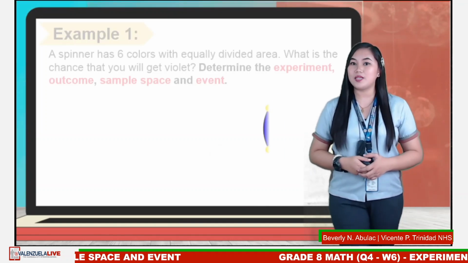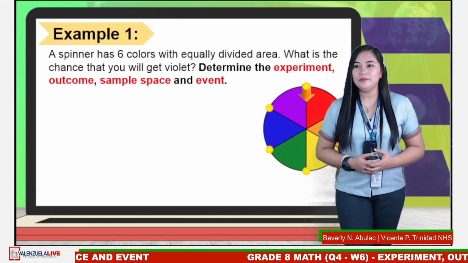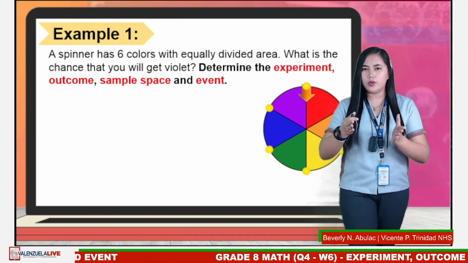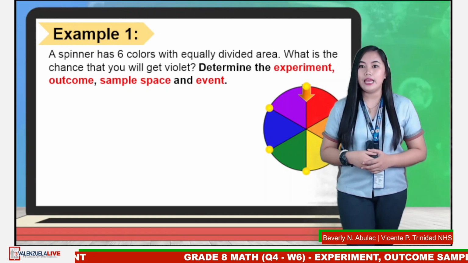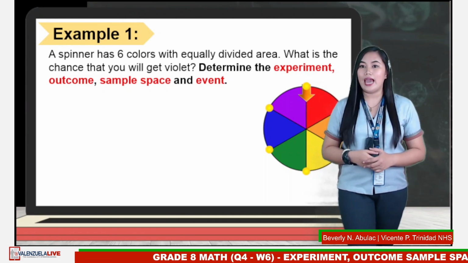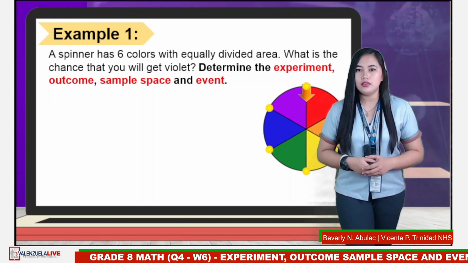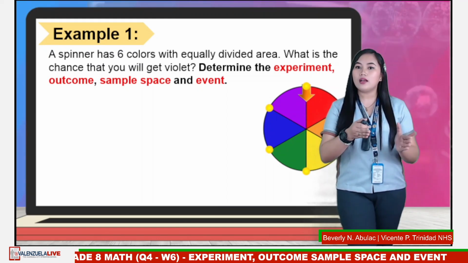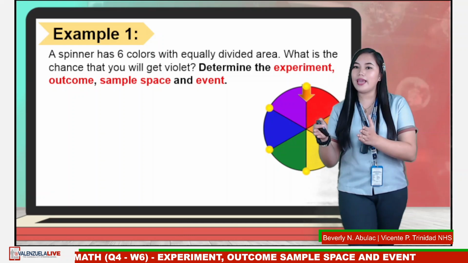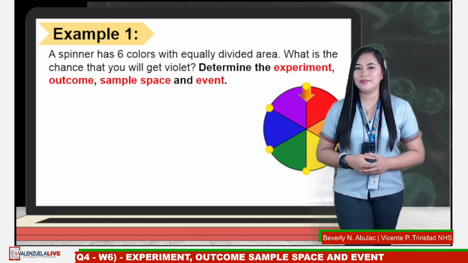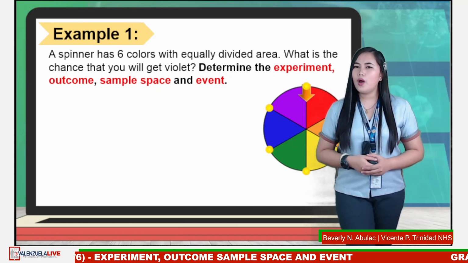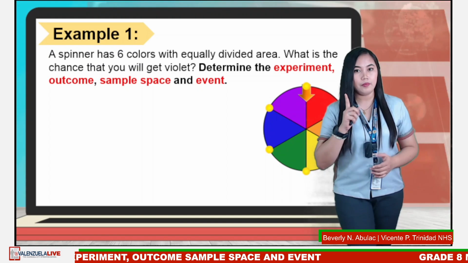Let's have some examples. Spinner has 6 colors with equally divided area. What is the chance that you will get violet? So determine the experiment, outcome, sample space, and event. What could be the experiment?